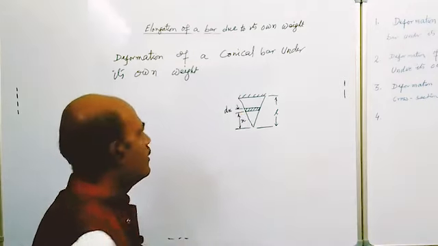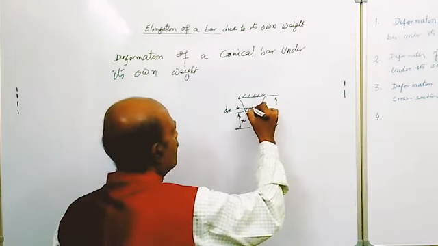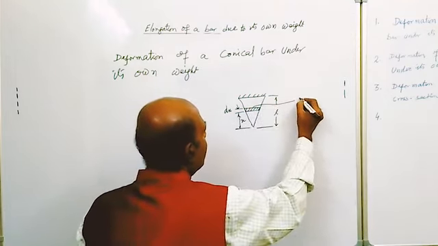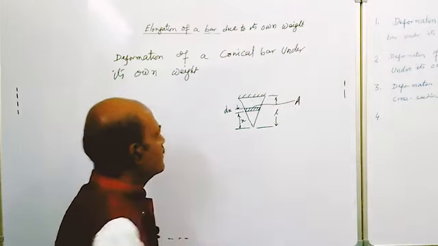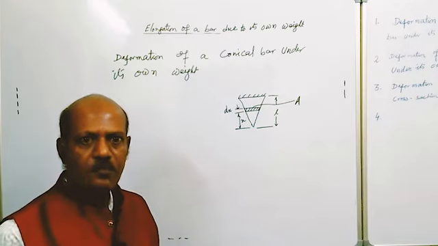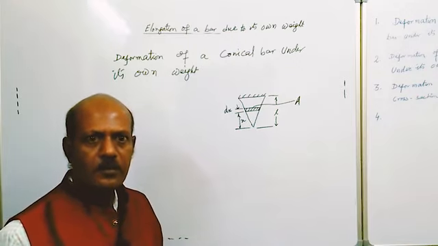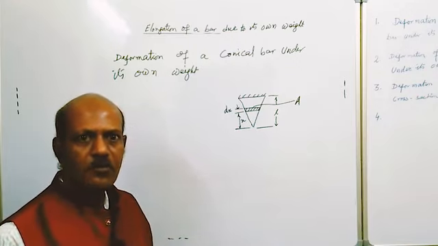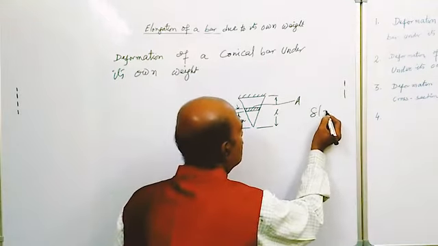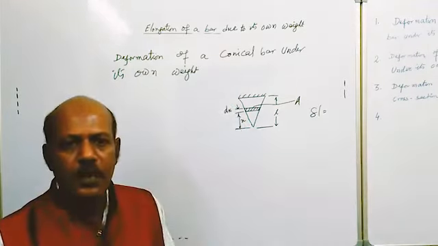Okay, and let the cross sectional area at this point be capital A. So the conical bar is hanging freely from the top. We have to find out what is the deformation produced in the bar. That means what is the delta L, total deformation produced in the bar.